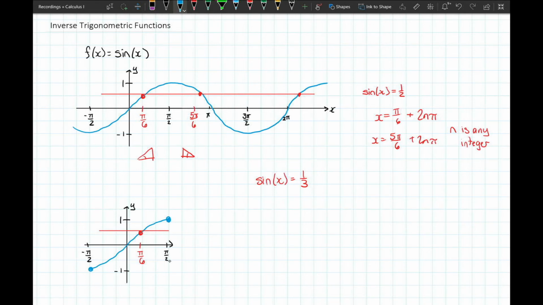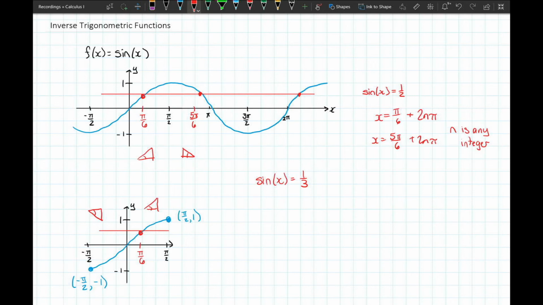So just a function that goes as far as pi over 2, and this would be the point pi over 2 comma 1, and goes as far backwards as negative pi over 2 comma negative 1. That would correspond to quadrant 1 going in the positive direction, but we'd also have quadrant 4 because this is traveling backwards, and that'll give us in the negative direction an angle in quadrant 4.